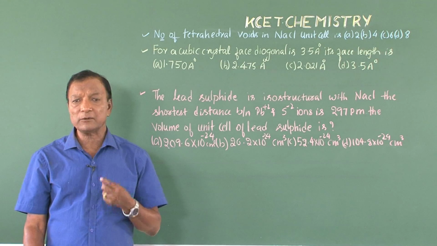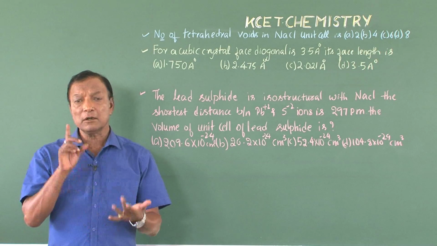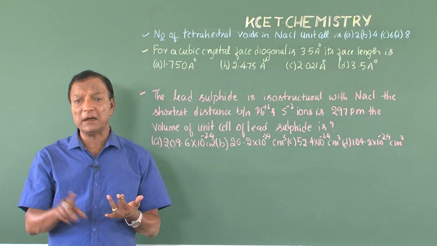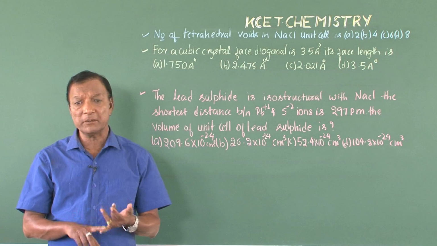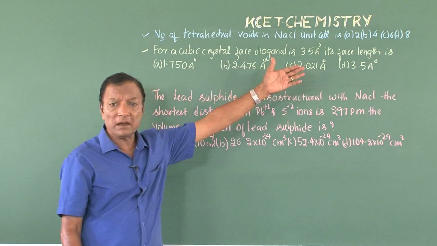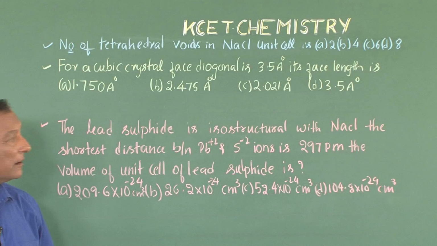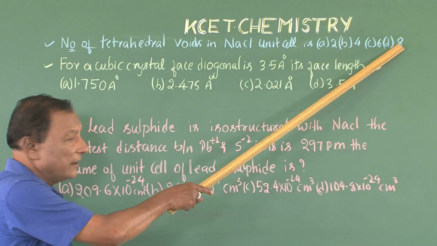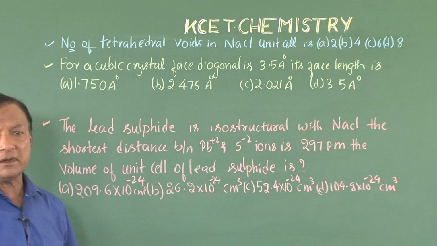So the calculation becomes very simple. 4 particles, 2 tetrahedral voids per particle, and the total number of tetrahedral voids will be 8. So it is as simple as we can hope for. It is option 4, option D. Number of tetrahedral voids equal to 8.